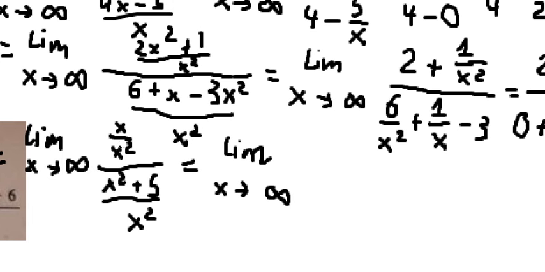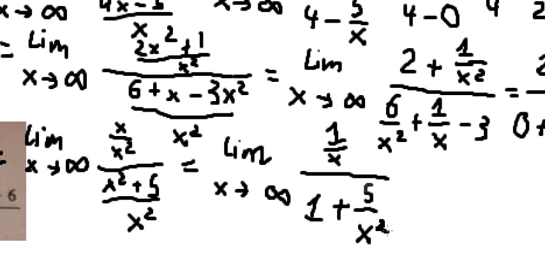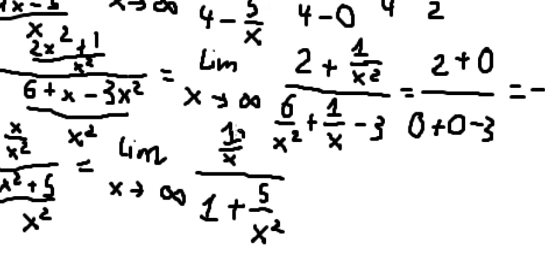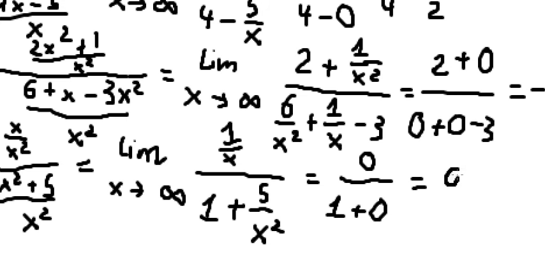So s divided by s squared, you get 1 over s, over 1 plus 5 over s squared. So this one you get 0. This one you get 0 when s approaches positive infinity. So we have number 0 in here.